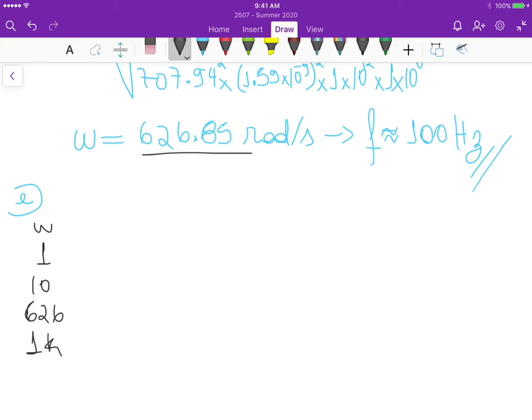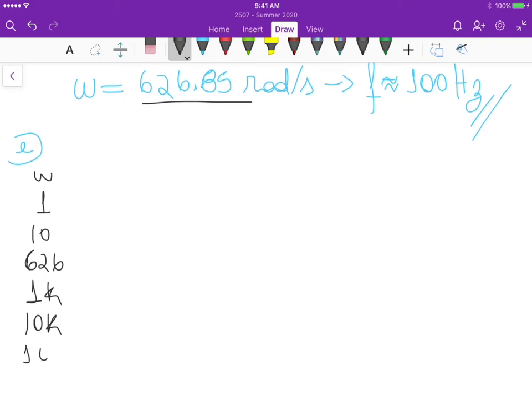Then 1k, 10k, 100k, and 1 mega. We can calculate the magnitude in dB for the magnitude of the Bode plot, and also the phase.